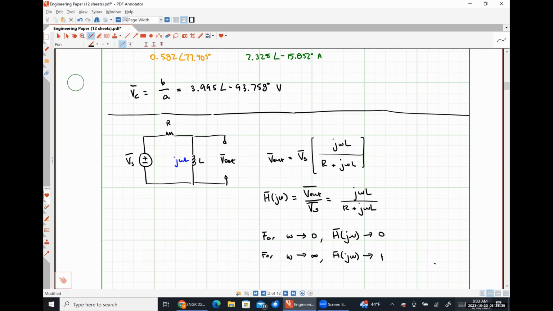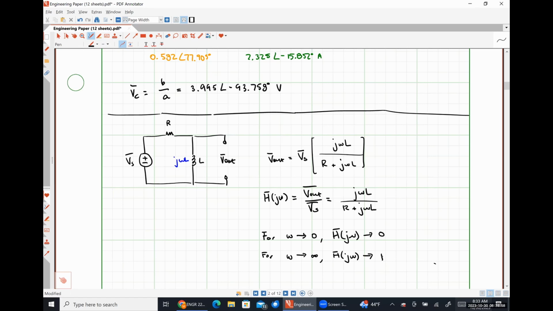An open circuit, right? So we're looking at the impedance here. What does j omega L look like when omega gets really, really large? It looks like a huge resistance multiplied by j, right? So as omega trends towards infinity, it starts looking more and more like an open circuit, right?